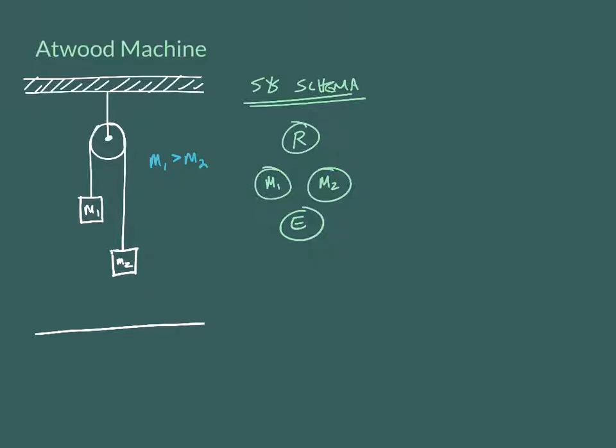So the rope is in contact with both masses, and the Earth is exerting a gravitational force on both masses. And I'm going to ignore the gravitational interaction that we have with the rope because the rope's not going to fall to the ground necessarily, at least in the same way that the masses are.